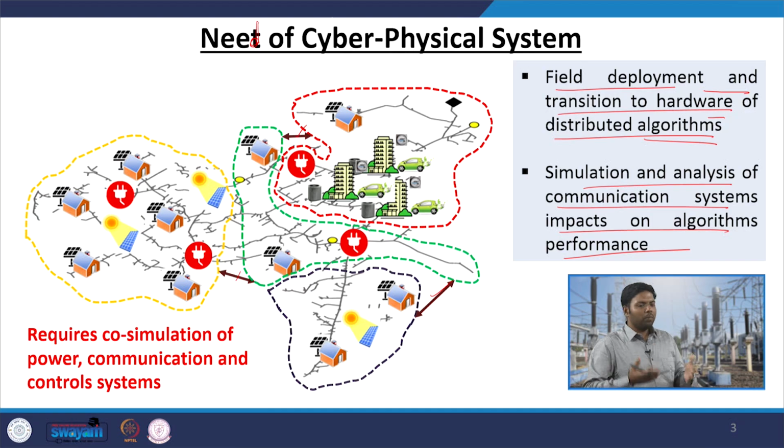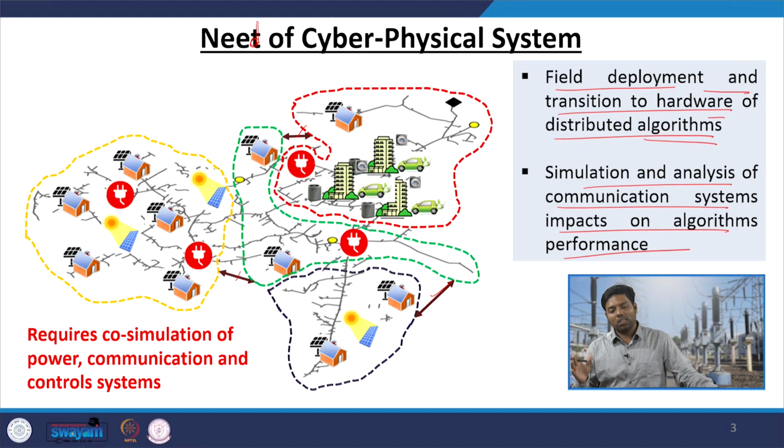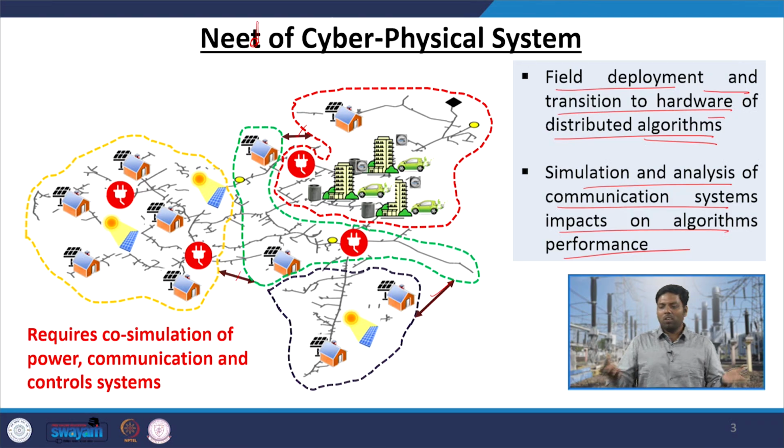The distributed OPF relies on neighboring information; when the neighboring information comes, depending upon that, it will respond. But that means its performance is highly dependent upon the performance of the communication system as well. If your system has high latency or packet loss is happening, you will not get your neighbor data, and if you do not get your neighbor data, then your algorithm will fail.